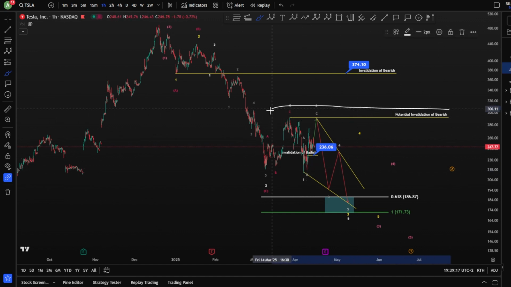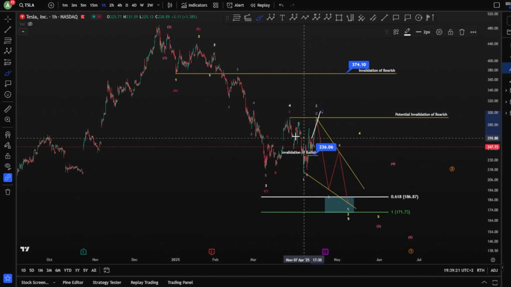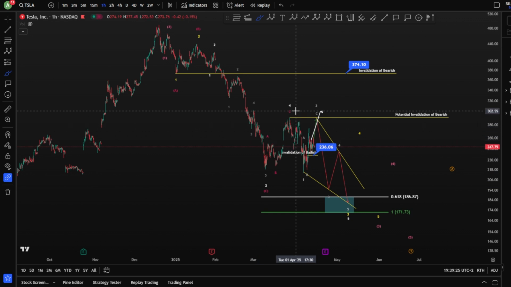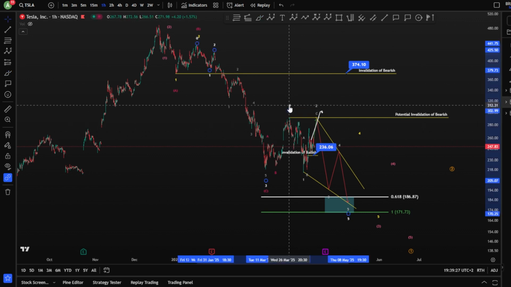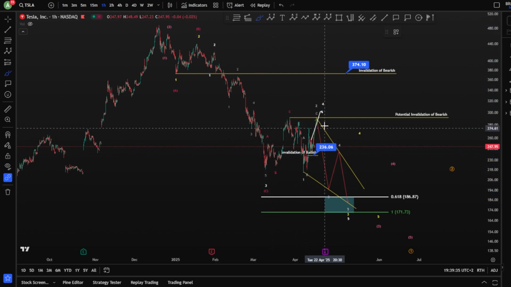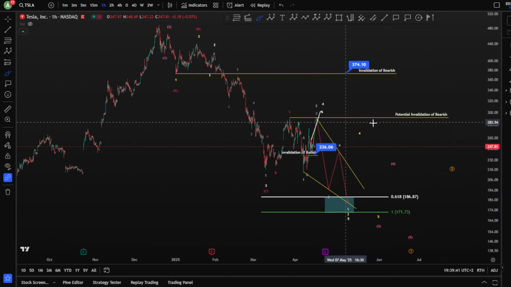However, if you take this high, it means that you invalidated this diagonal. And that means two possibilities. Either your wave 4 has shifted to this area as an A, B, and a C, or a W, X, and a Y correction, then moving impulsively for a wave 5, or you totally invalidated the whole impulse.